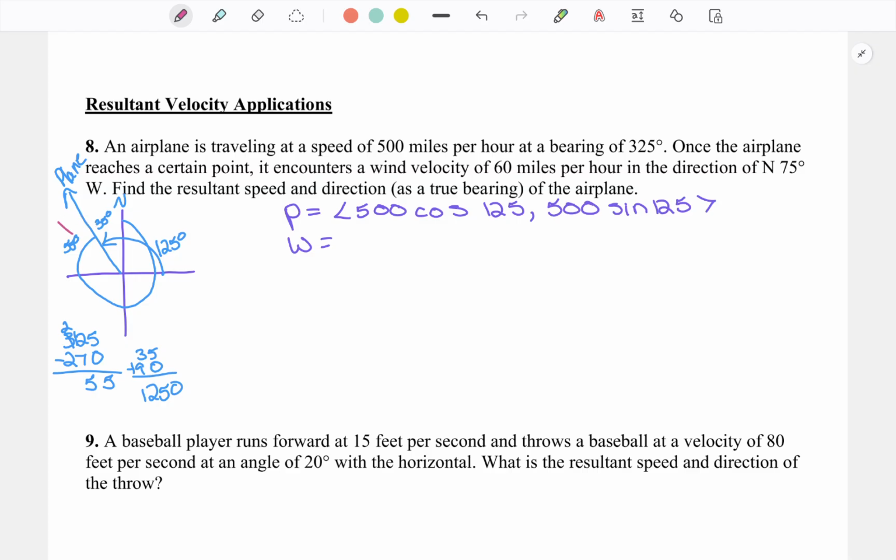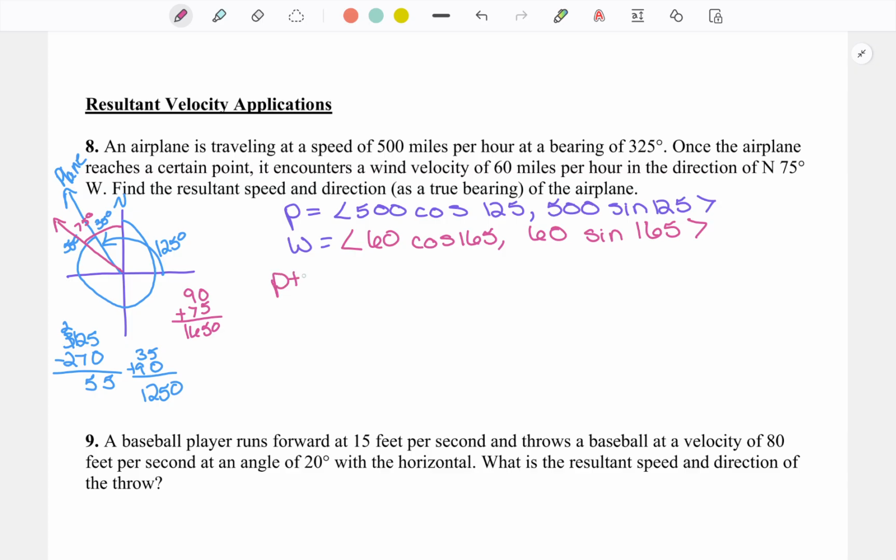So that would be this direction, 75 degrees. So we are going to add that to 90. So 90 plus 75 is 165 degrees. So we have 60 times the cosine of 165, and then 60 times the sine of 165.